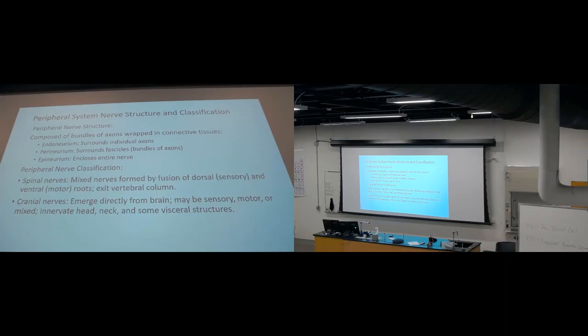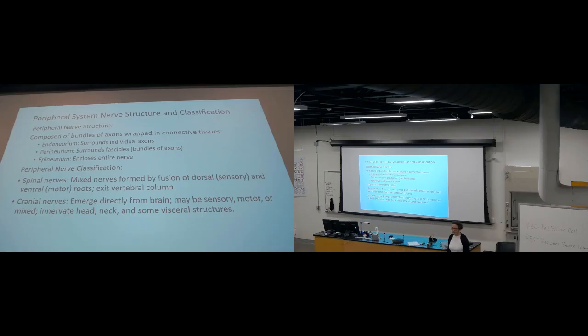So there are signals that route these nerves to where they're supposed to go. And then cranial nerves. In the case of cranial nerves, they either connect to the brain or exit the brain. And in this case, we can have purely motor nerves, purely sensory nerves, and mixed nerves.